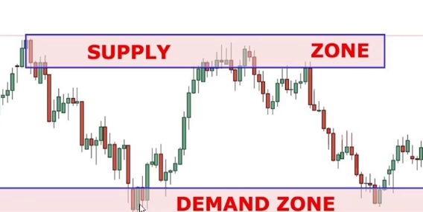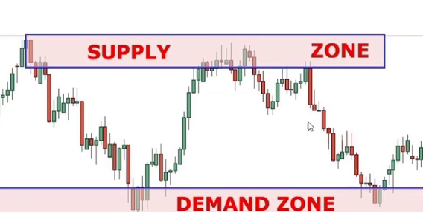So at a demand level, we buy because prices are low and consumers are willing to buy. And at the supply zone, prices are high, and suppliers have taken over the market.